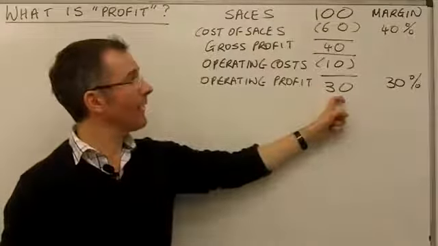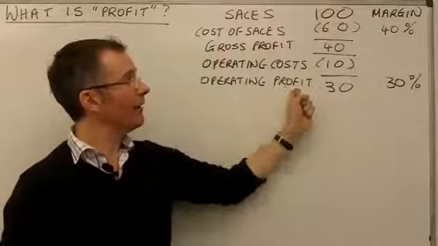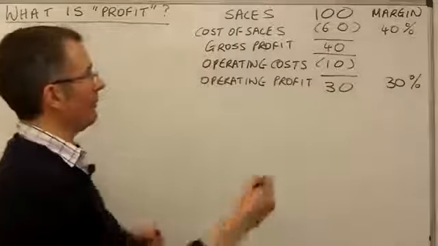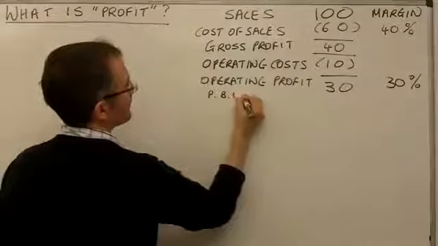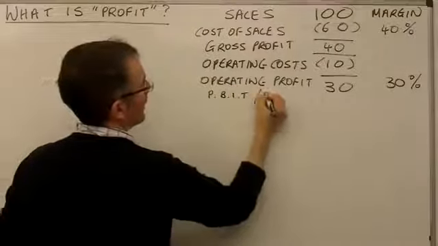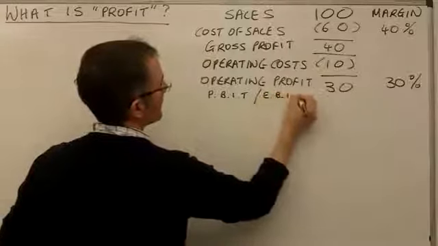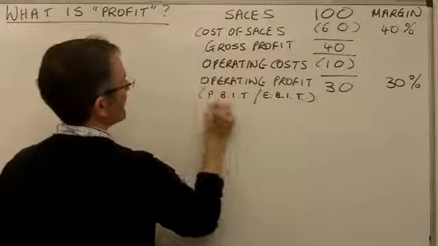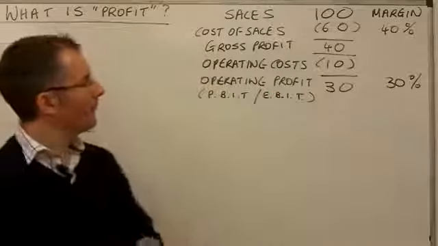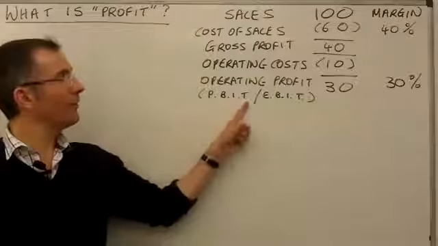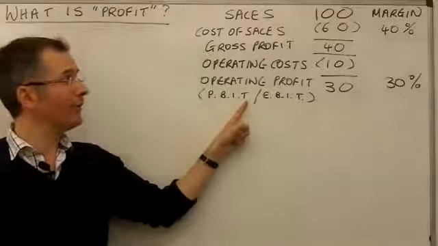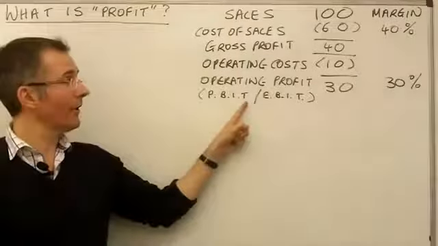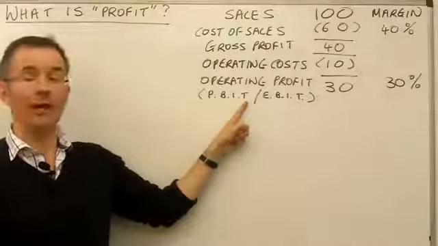And watch out for this. Analysts and commentators have different words for the same number. So for example, if you've ever seen PBIT or EBIT, that is that number. That's profit before interest and tax, because actually we haven't deducted any financing costs yet for the loans that are paying for this business, and we haven't taken off the tax charge yet either.